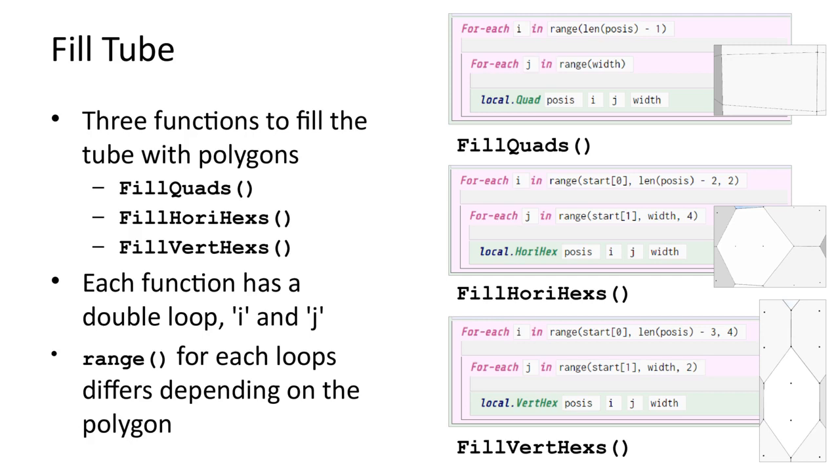To create the polygon, it then calls the previous user-defined function. In each of the 3 cases, the polygons have different shapes. So the spacing between the bottom left corner of consecutive polygons will differ. This change in spacing is handled by the range function. Note how the arguments to the range functions differ in each case.